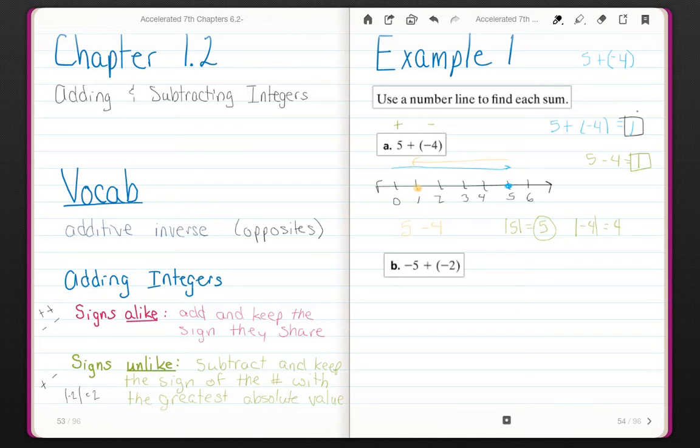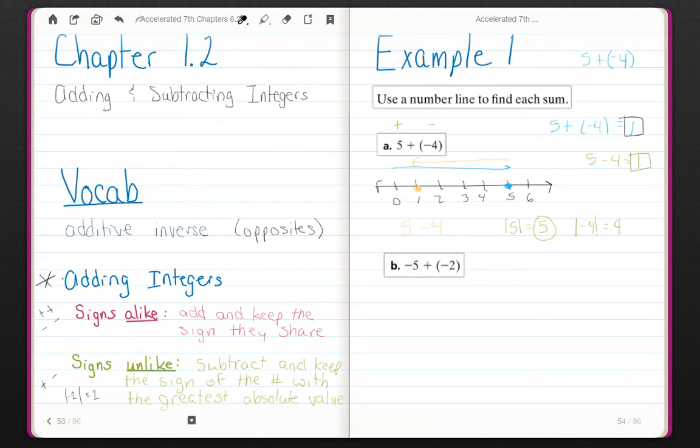Now I hope I haven't confused you too much by talking about subtracting and absolute value and number lines. So from now on, I'm only going to use our rules here for adding integers in order to solve problems. If the number line works better for you, that's absolutely fine. There are several examples in the book which you can follow along with, or come see me and I'll get you sorted out.